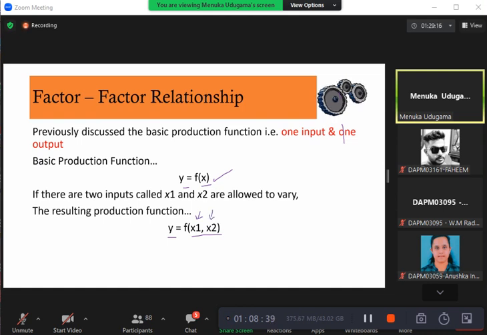Let's say urea and phosphate or potash, two inputs, any two, right? Or it could be water and fertilizer. It could be water and seeds, seeds and labor, labor and capital. Any two inputs at the same time to produce one output, right? So we are going to look at how you decide on the optimum amount of two inputs to produce the profit maximizing amount of output.